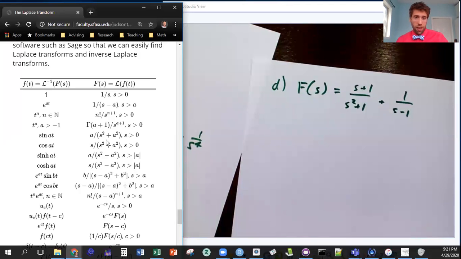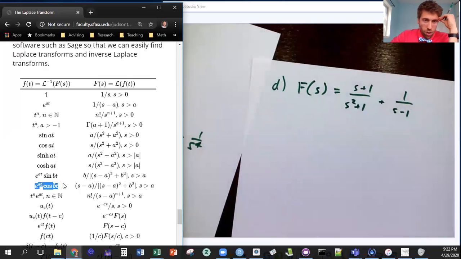So the s plus 1 over s squared plus 1, that looks a little bit like e to the at times cosine bt.